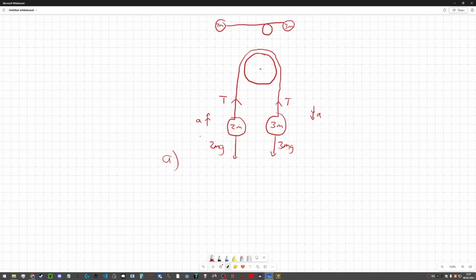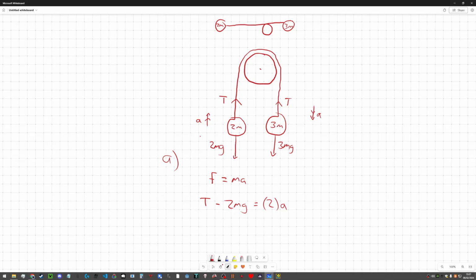So then, considering just the 2m mass, we can use F equals ma. The total force, let's say upwards, is going to be T, our tension, minus 2mg, which will be equal to the mass, 2m, times the acceleration, which we don't know. Then we can do the same thing for the 3m mass.